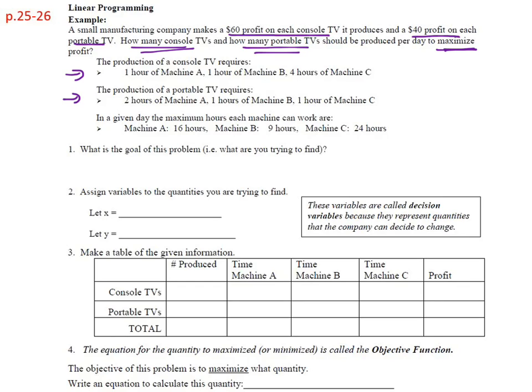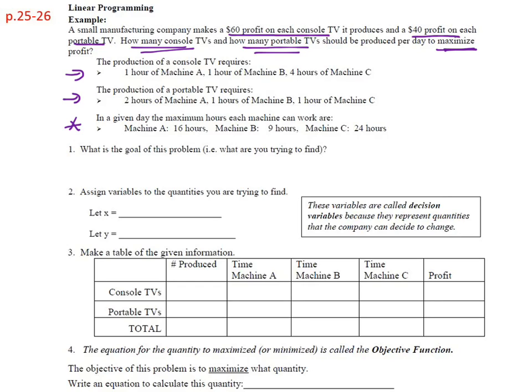If you don't maintain them, it's not going to work properly. So we do have limitations with those machines. Machine A can only work for 16 hours a day. Machine B can only work for 9 hours, and machine C can only work for 24 hours. So we want to keep all of that in mind.